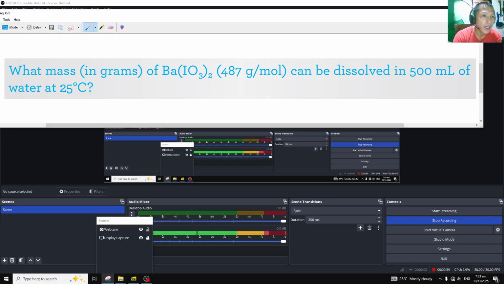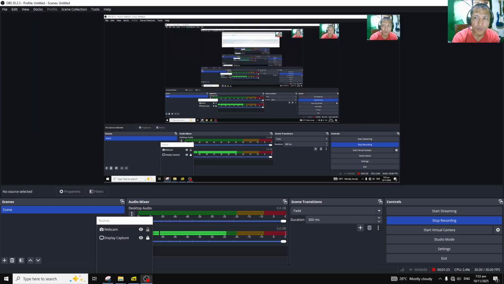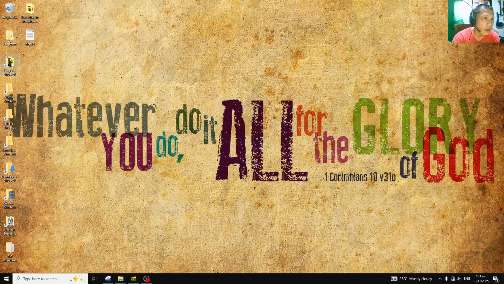So for you to categorize the problem, barium iodate, you should look for a value of KSP if it is insoluble, or you go back to your soluble insoluble table. But as far as I can see, I'll just go directly with the table of KSP. If it is found there, then basically it would be an insoluble one.